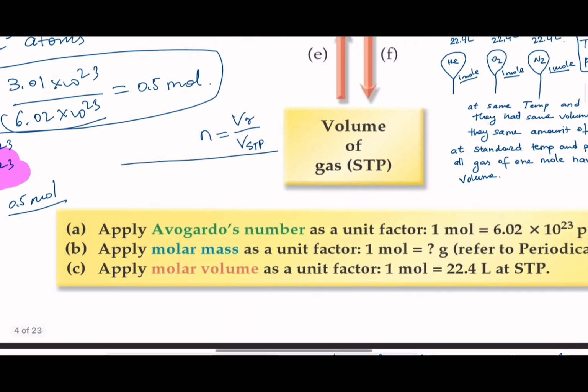Let's say you're given 11.2 liters of oxygen, and you want to know how many moles is that. What you will say, okay, N equals 11.2 liter divided by 22.4 liter, which is the STP volume, it will be 0.5 mole.